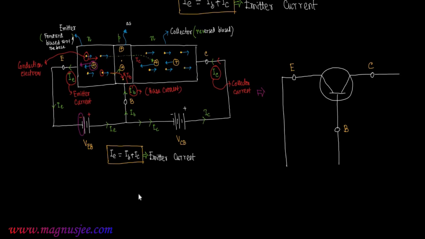And we know that the emitter is always forward biased, so it should be connected to this type of battery. If it is an NPN transistor, then the N-type emitter should be connected to the negative terminal of the battery. The EMF of this battery is VEB.